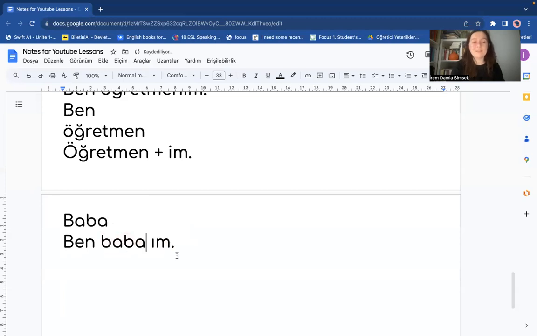Again, when you make "ben baba," it's not enough. I have to make a sentence. So I write "baba" because after a, the suffix should be adapted: "ben baba'ım."